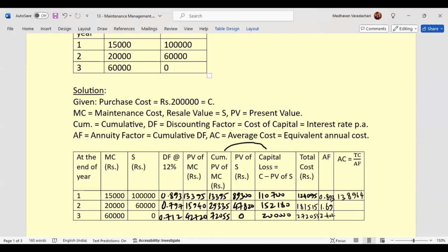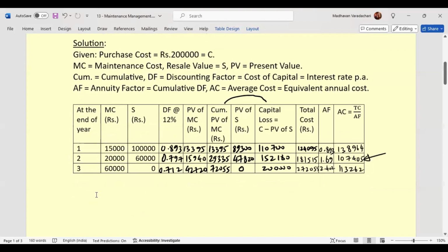The cost is getting reduced, 107,405. For the next one, it is 272,055 divided by 2.402. We get 113,262. Means the cost is increasing, which means we need to replace it at the end of second year.